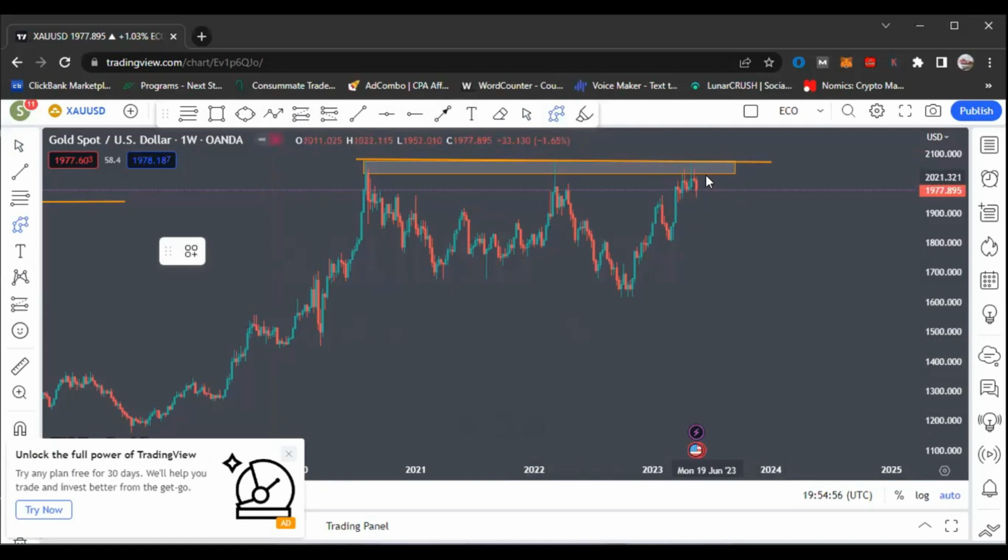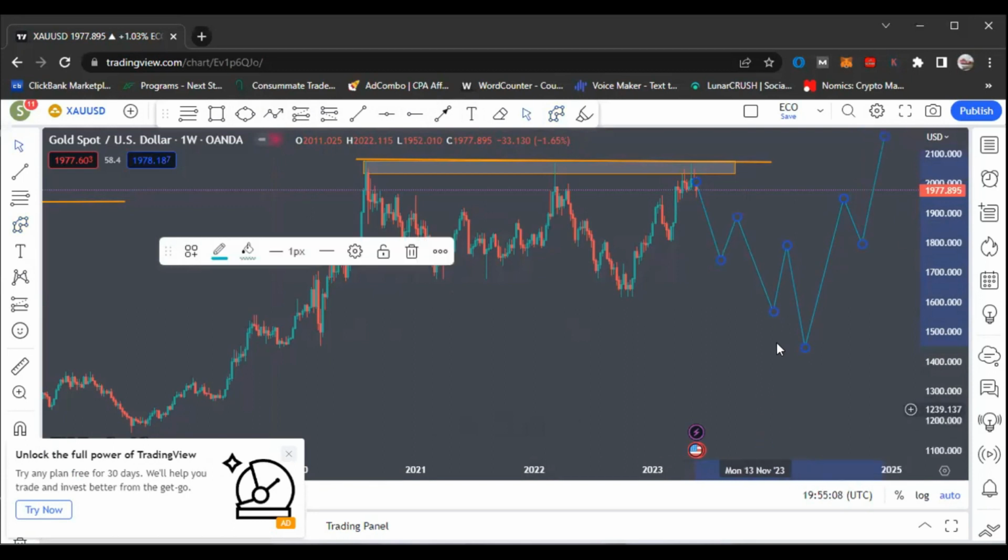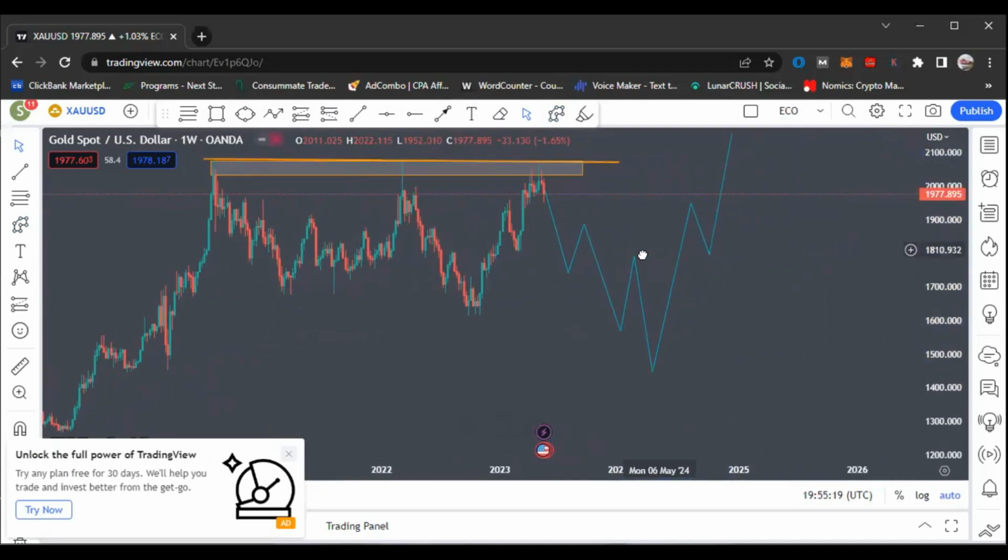So we could still have something like this, take out that low, then you have something like this. Now when that happens, once this high is taken out, we could confirm this low after breaking out this historical level.